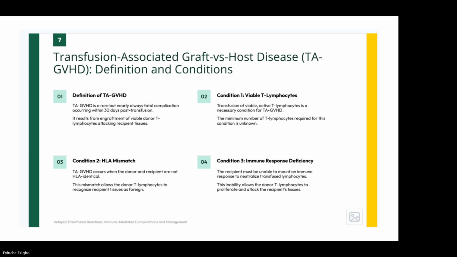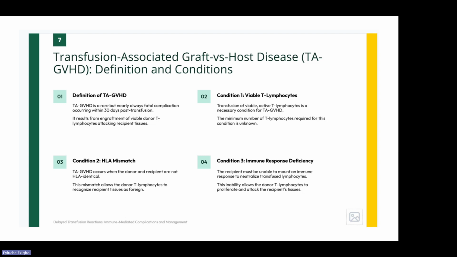As we are transfusing the blood, we did not separate the white cells from the red cells, and these white blood cells are viable. That is, they can elicit an immunological response, and the minimum number of T lymphocytes required for this condition is unknown.